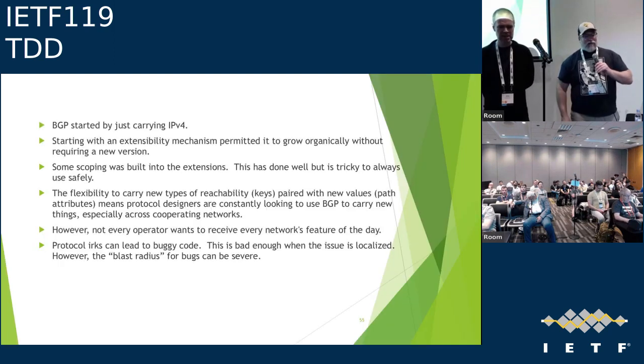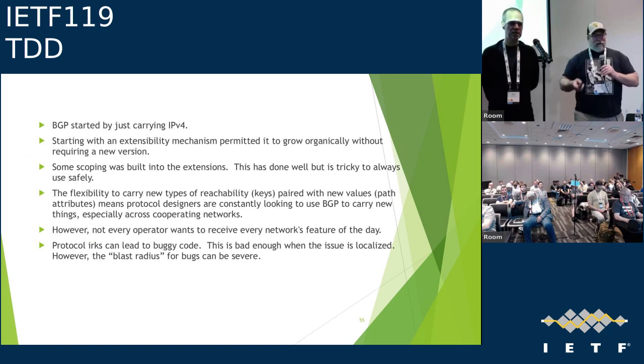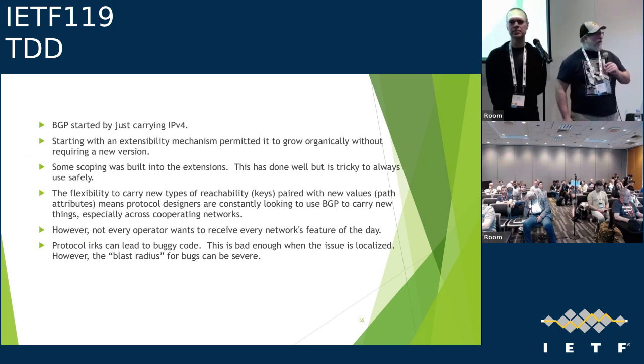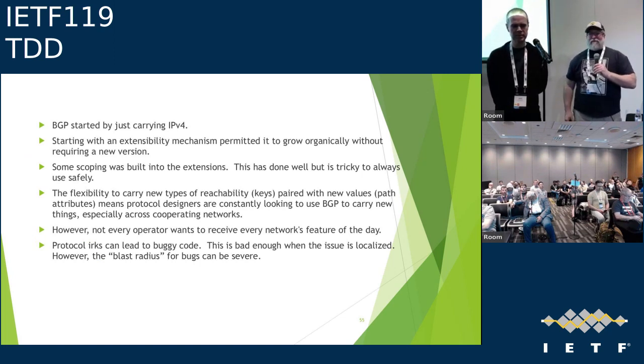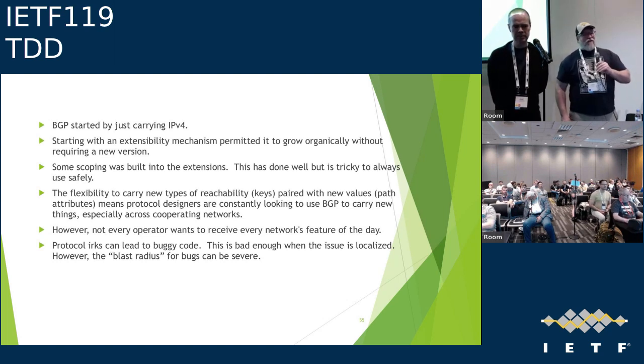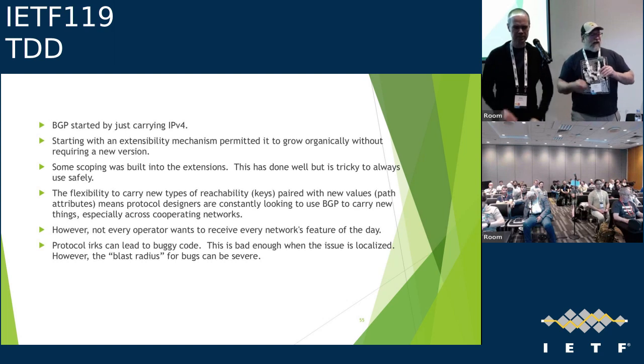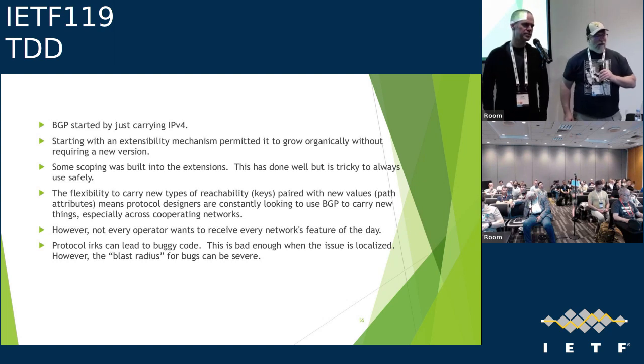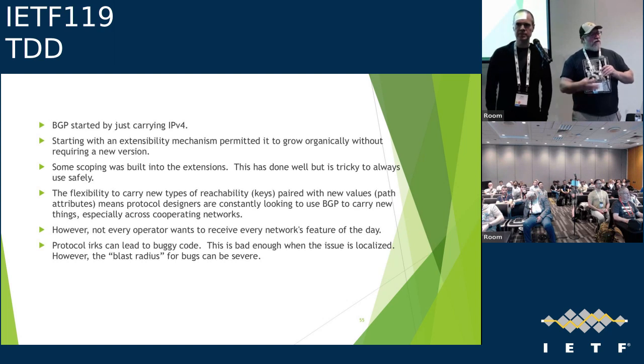So, high-level summary. We started just carrying IPv4. We obviously carry a lot more things these days, not just V6, VPN families. We carry link state in there, not only just carrying the IGP into BGP, but we also have a link state vector routing working group that's based on that technology. We're also getting a discussion now of the CATS working group for carrying compute information in terms of compute capacity.